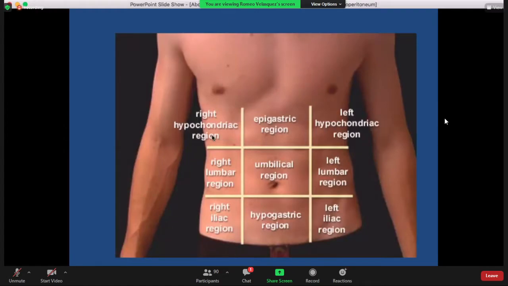You will produce the 9 zones of the region, and they are labeled as shown here. The epigastric, umbilical, hypogastric, and then added will be your right and left hypochondriac, right and left lumbar, then right and left iliac.